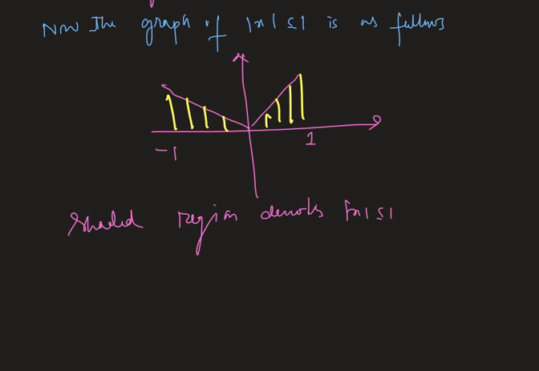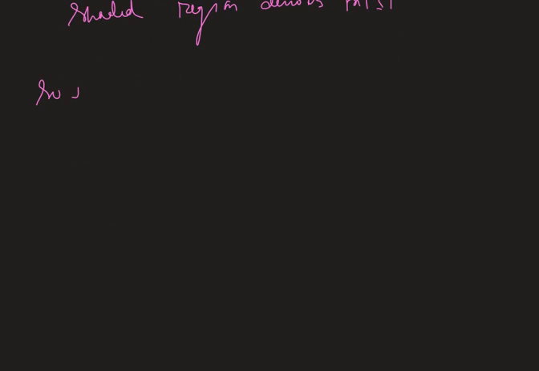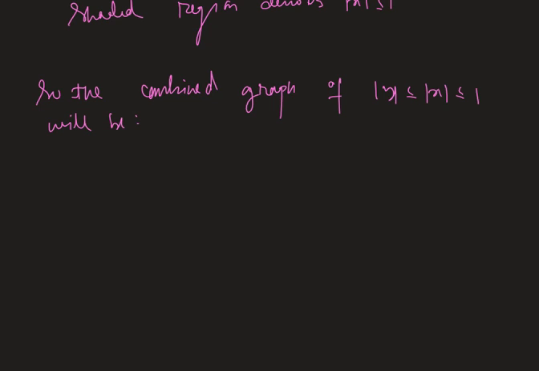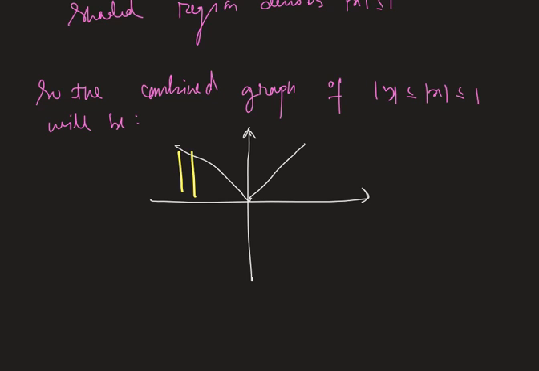So the combined graph of |y| ≤ |x| ≤ 1 will be this.